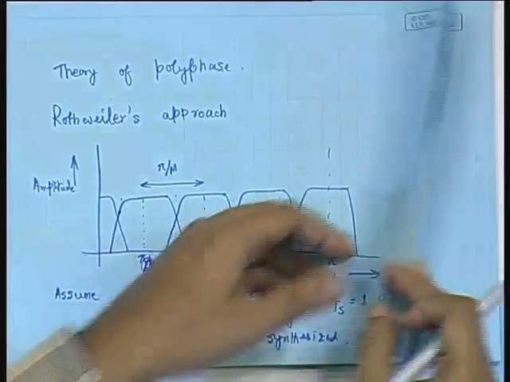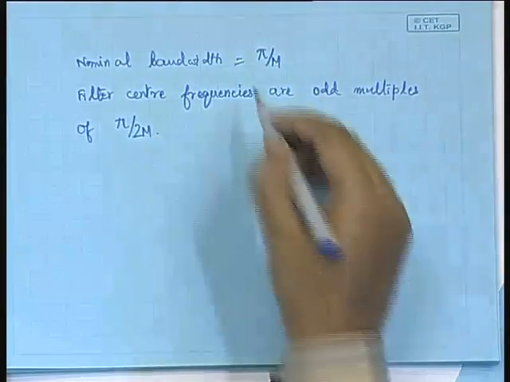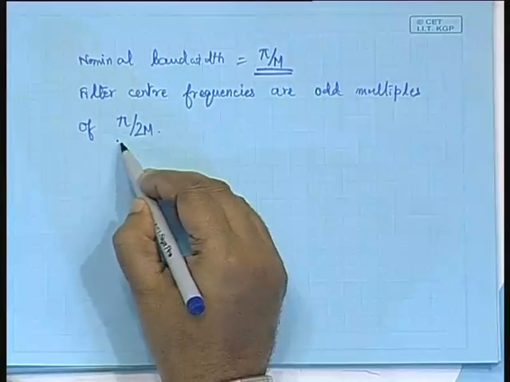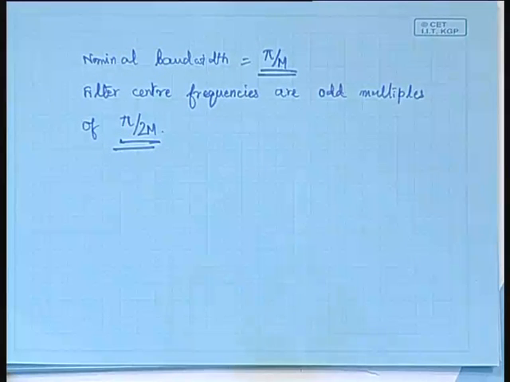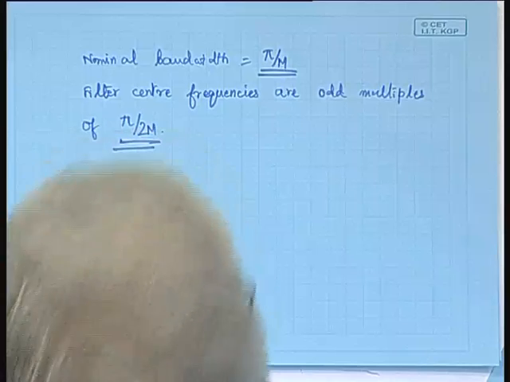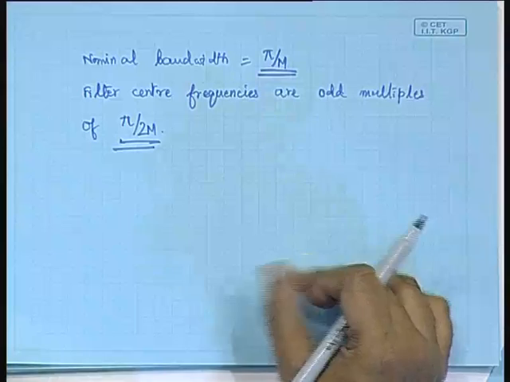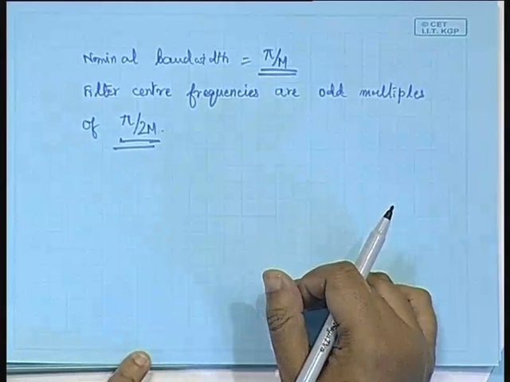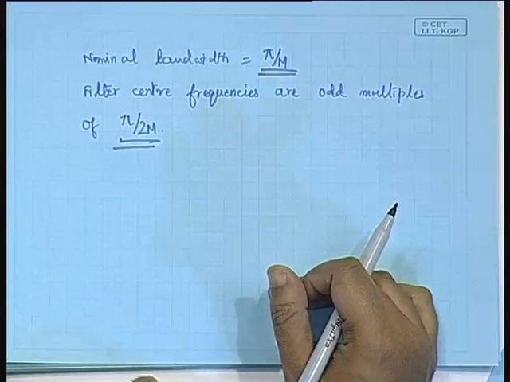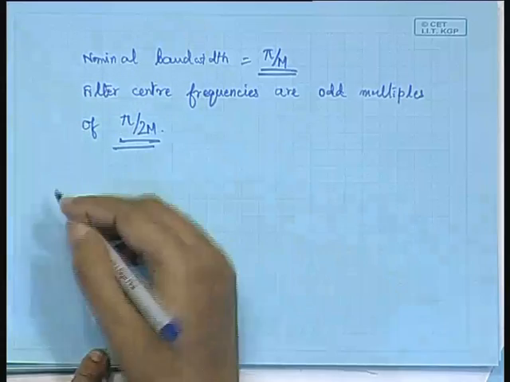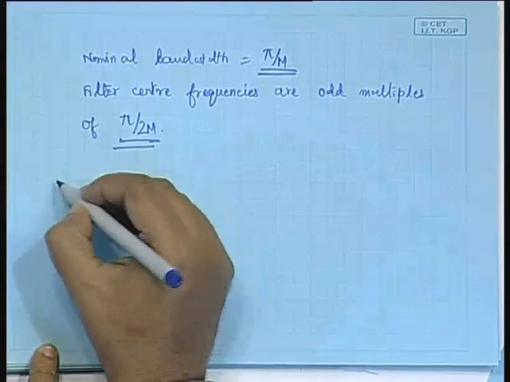As we have already written down, the nominal bandwidth is pi by M and these are odd multiples of pi by 2M. So, that we have pi by 2M, 3 pi by 2M, 5 pi by 2M and so on.